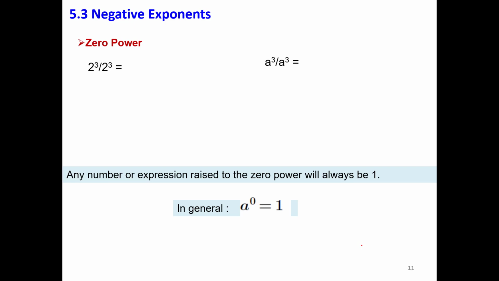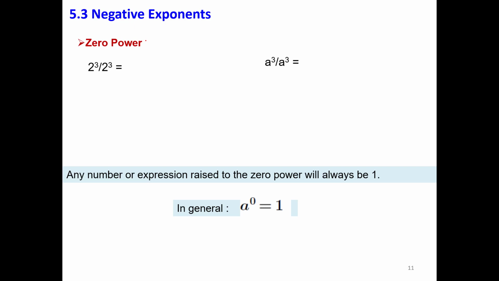Now we will move to the next section, which is the negative exponents. Then let's see the next property, which is called the zero power. Yes. Then we want to know if any number is raised to the zero power, how we can solve this expression.